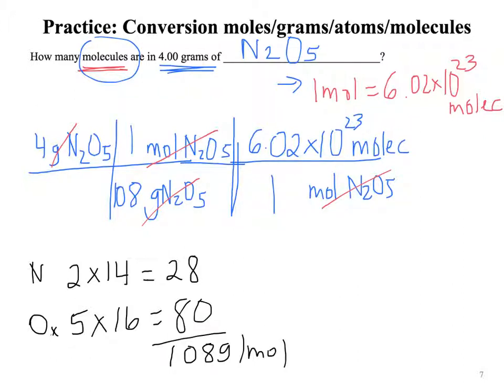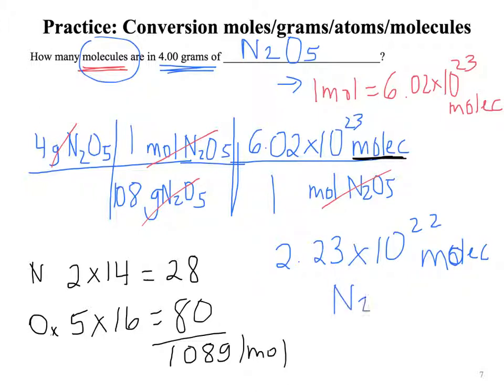So that's where I stop because I get molecules, and that's what I wanted. So I multiply the top, divide by the bottom. I end up getting an answer of 2.23 times 10 to the 22nd molecules of N2O5. Make sure you label.